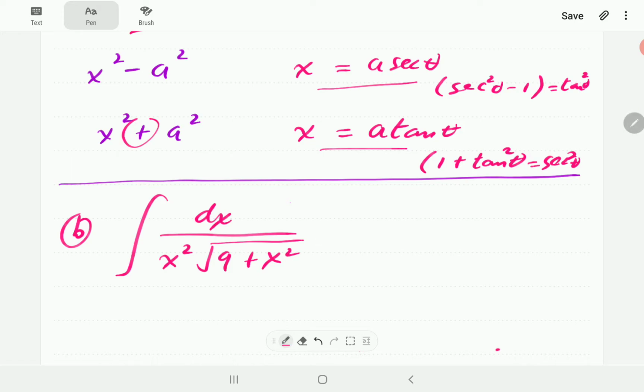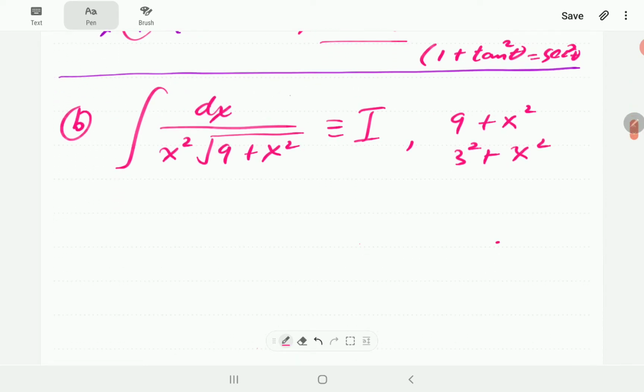Just call this I. We have 9 plus x squared, that is the same as 3 squared plus x squared, which means our a is going to be 3. So we're going to let x be equal to 3 tangent theta.